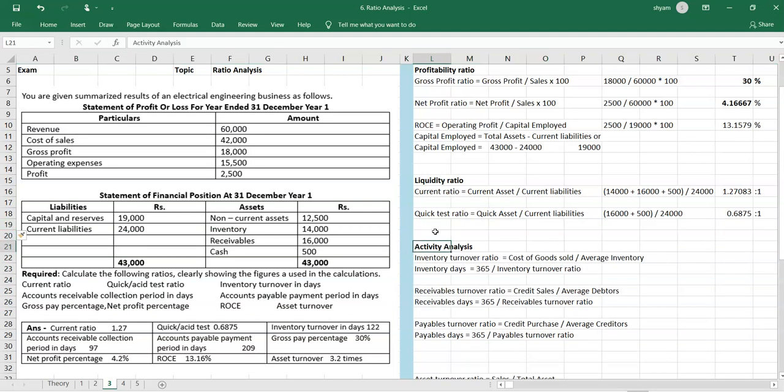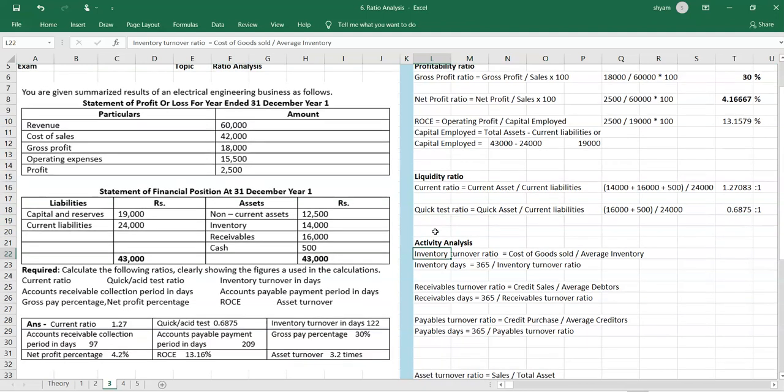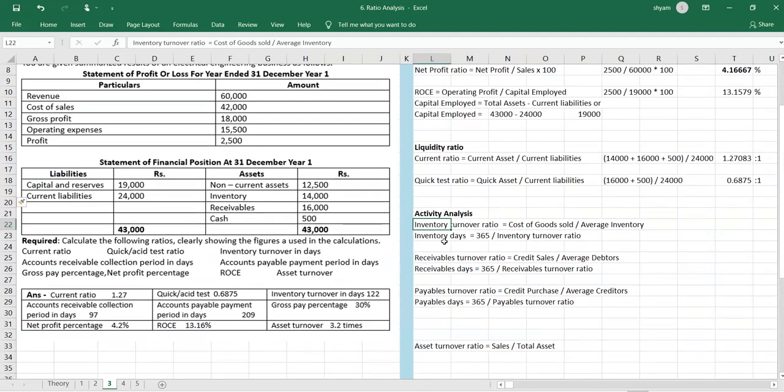So the next ratio is activity ratios. So we'll find out these numbers. So the cost of goods sold we have to find out, but that is actually directly given. So if you take cost of goods sold is 42,000 divided by average inventory. Inventory is 14,000.